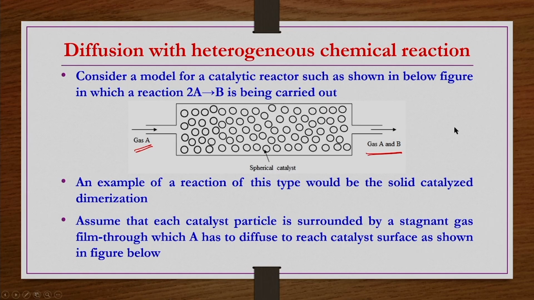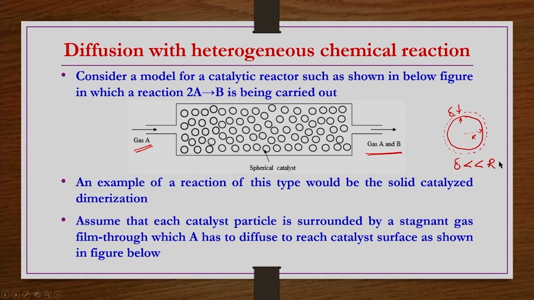So, if you enlarge this catalytic particle, each particle is surrounded by a thin gas film. Let us say the film thickness is delta, but compared to the radius of the catalyst particle, this delta is very small, that is, delta is very much smaller than r.